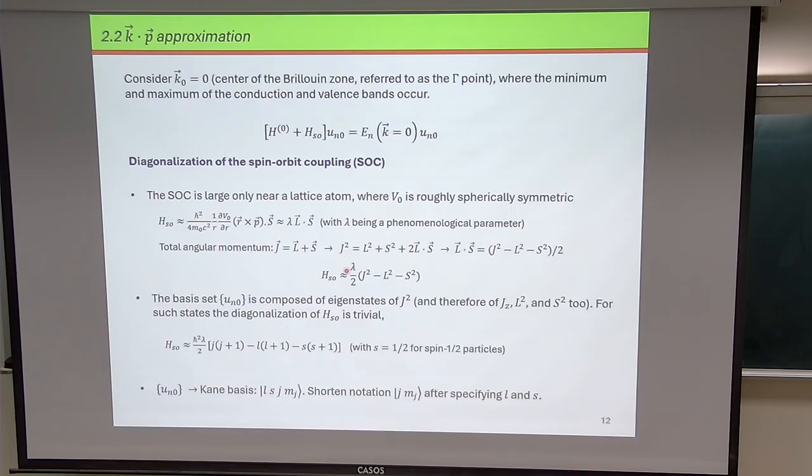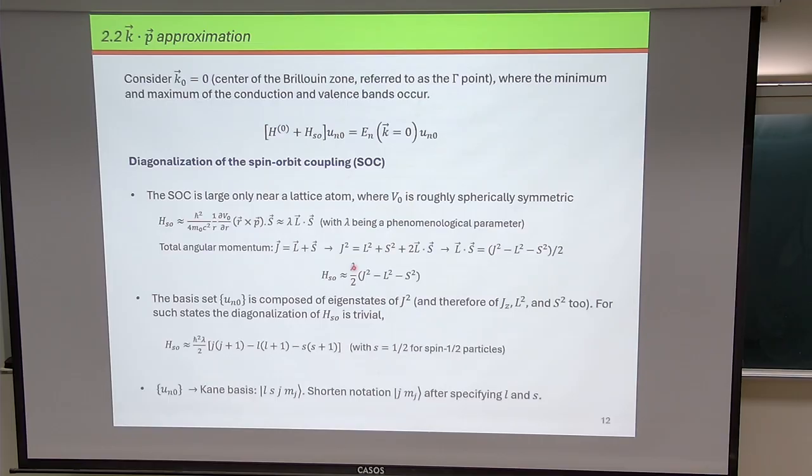What is nice is that if I choose my states for U_n0 to be eigenstates of J squared, then they will also be eigenstates of L squared and S squared, meaning I can trivially calculate it. It's just a combination of the different quantum numbers. That is the idea.